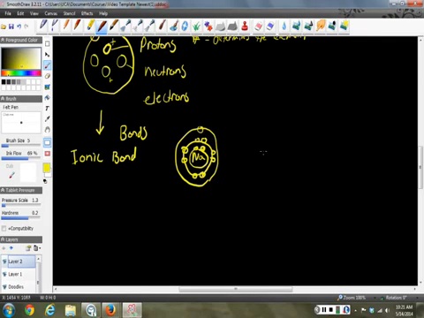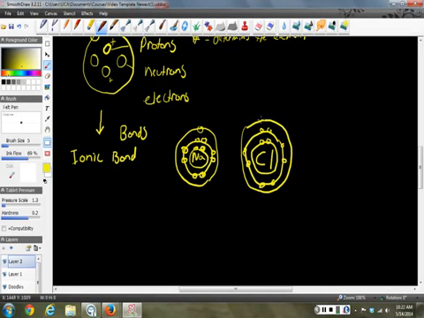Now this atom over here, chlorine, has 2, then it has another energy level with 8, has another energy level out here with 1, 2, 3, 4, 5, 6, 7.